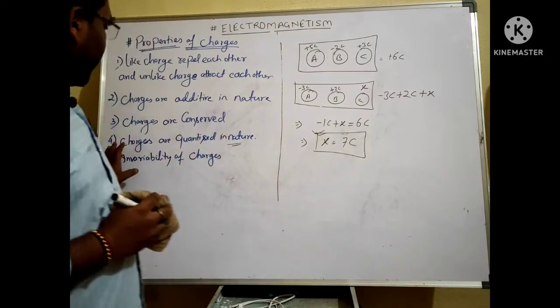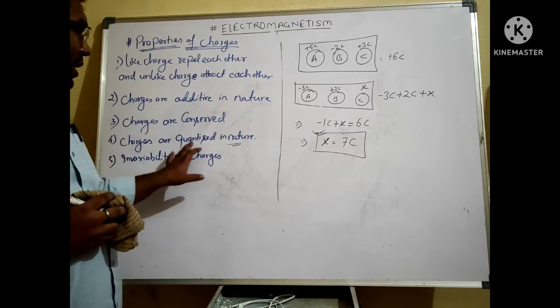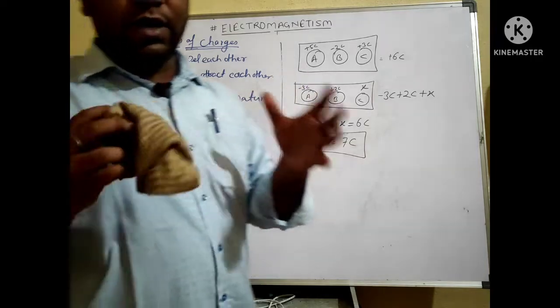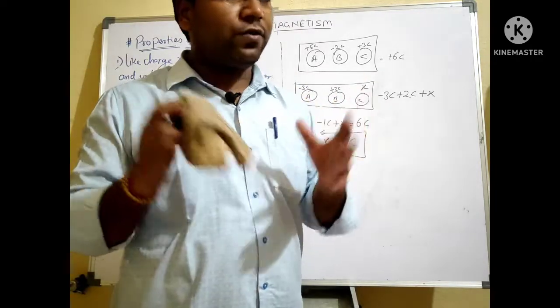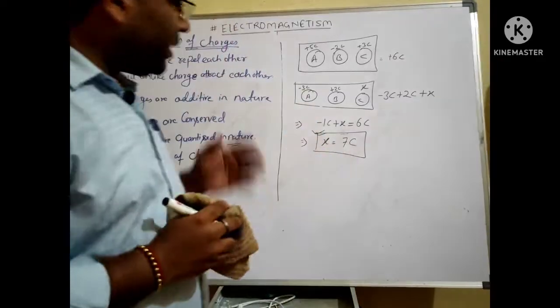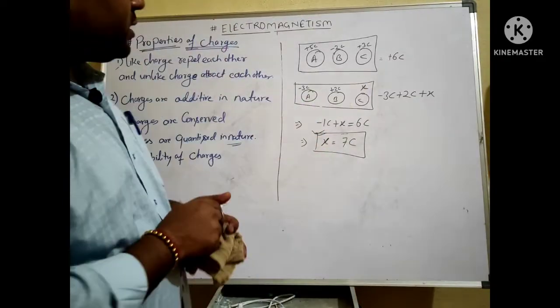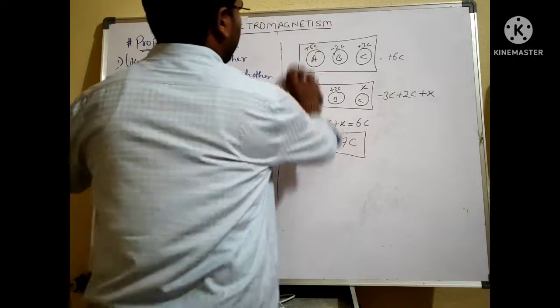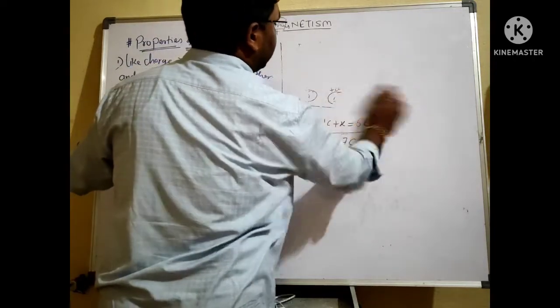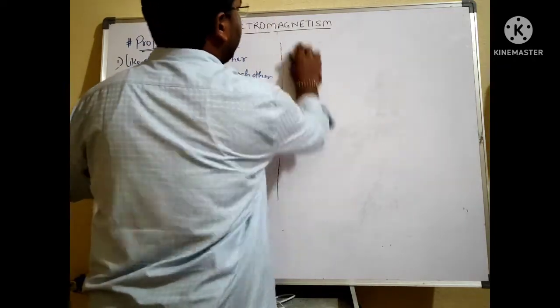Now moving on to the next one, charges are quantized in nature. The meaning of this is very interesting. Let us clean this board, then we are going to understand charges are quantized in nature.